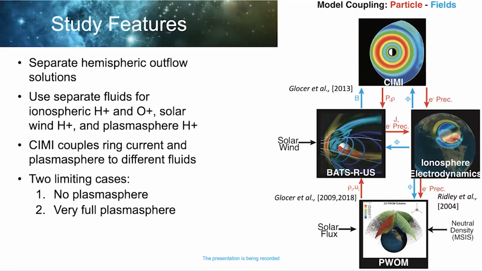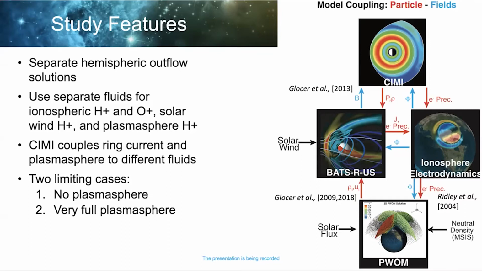So, some other features of this study are that we're introducing now separate hemispheric outflow solutions. So the northern and southern outflow solutions are solved separately, and also set the inner boundary conditions of BATS-RS separately as well. So if you have asymmetric ion outflow, you'll get asymmetric provision of that outflow to the magnetosphere.